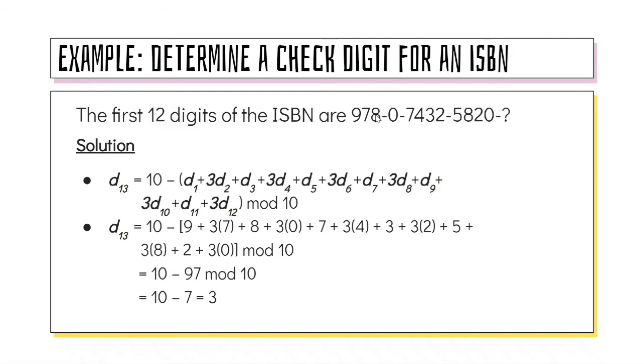So D sub 1 is 9, plus 3 times D sub 2, which is 7, plus D sub 3 which is 8, up until D sub 11, which is 2, plus 3 times D sub 12, so 3 times 0, mod 10.